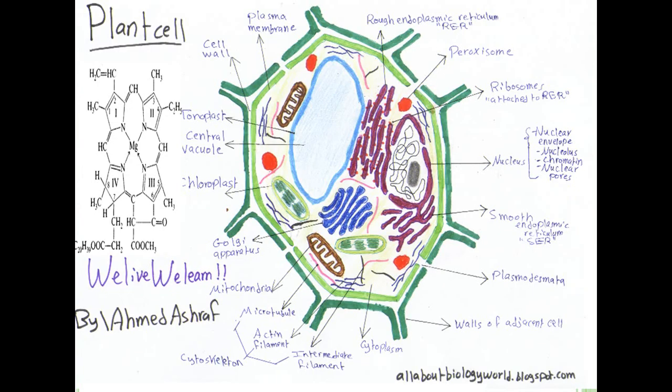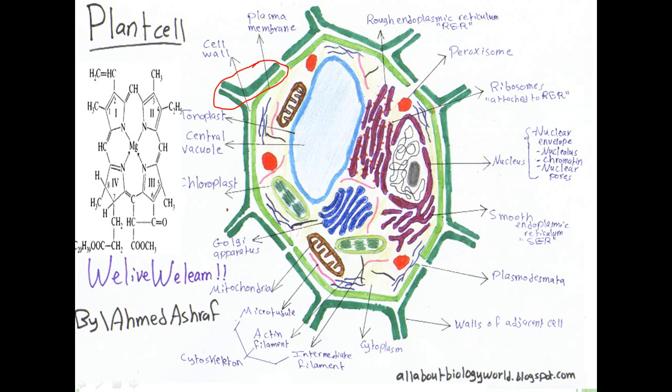So let's go. This is a plant cell. These are the things that give a plant cell its very strong structure, which we were talking about in the previous slides. This is the cell wall of a plant. The cell wall has compounds, polysaccharides, that make it strong.